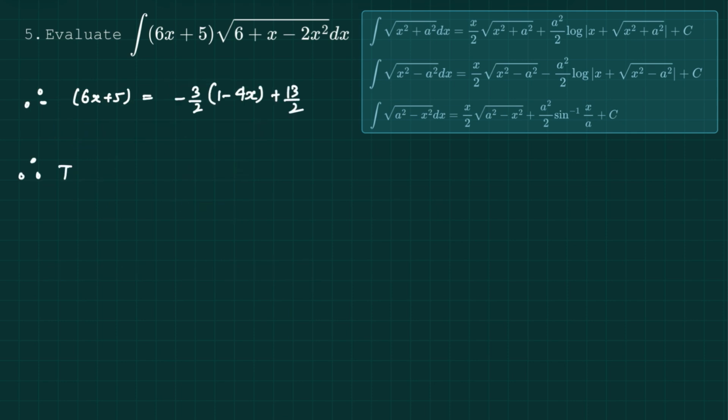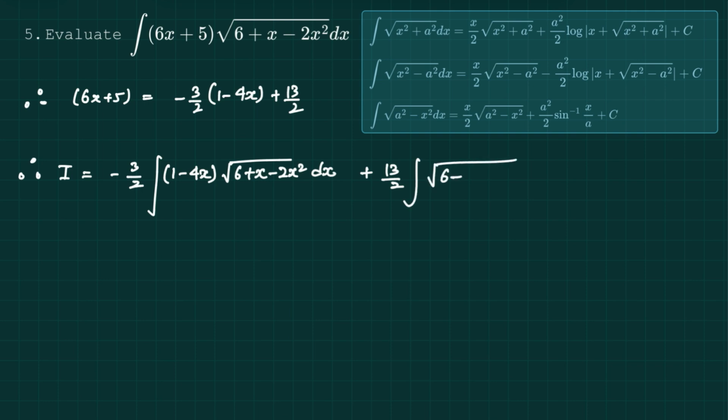Therefore my integral I can be split into two parts: minus 3 by 2 integration of (1 minus 4x) square root of (6 plus x minus 2x square) dx, and the second part will be plus 13 by 2 integration of square root of (6 plus x minus 2x square) dx. For the first part, let us put the quadratic, 6 plus x minus 2x square, equals t, which gives us (1 minus 4x) dx equals dt.